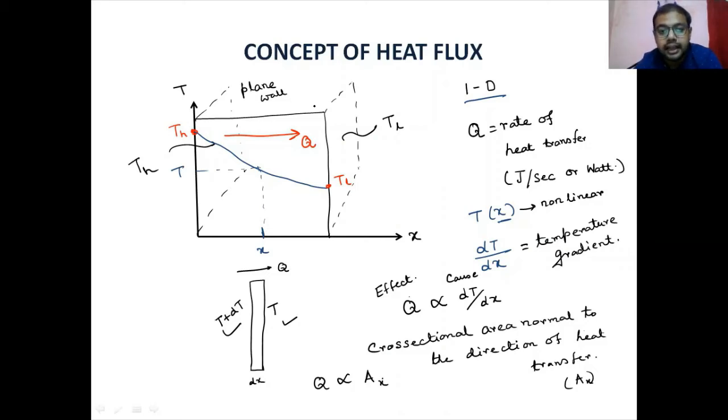So in this case, at X, if you consider this cross-sectional area which is normal to the heat transfer, this is the AX. It depends on this area.